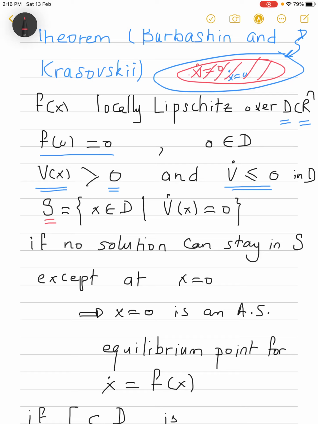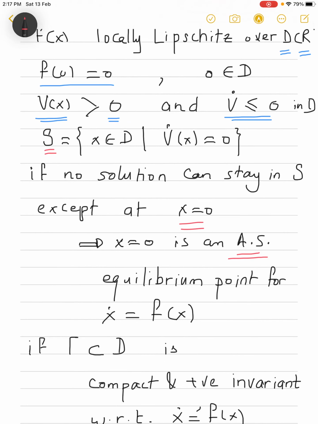So if we can establish that no solution can stay in the domain S except at the origin, then we conclude from that the origin is an asymptotically stable equilibrium point for the dynamical system x dot equals f of x.